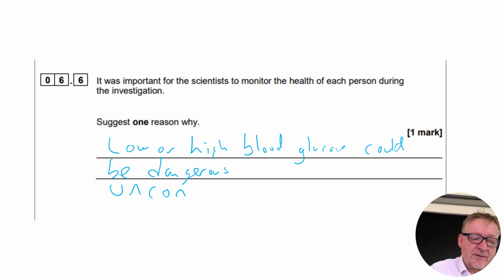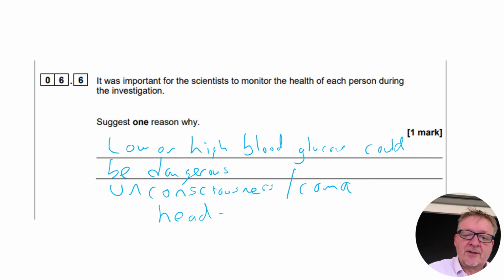Oh my God, I'm never going to be able to spell that one. Unconsciousness. You could get into a coma. Much more minor, you might get a really bad headache from it. Okay, so you've got to be monitored, because if your blood glucose goes low or high, you could get some sort of diabetic effects.